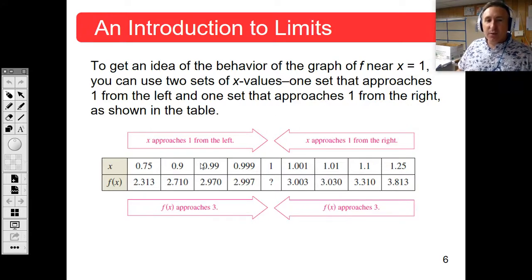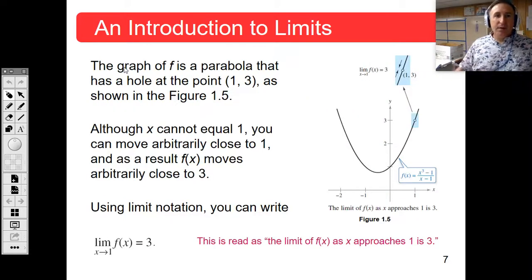As we go toward 1 from the left or the right, it looks like our y values are approaching the same place. And if the left-hand limit and the right-hand limit agree, then we would say the limit at 1 is 3. The graph of that function is a parabola that has a hole in it, right?